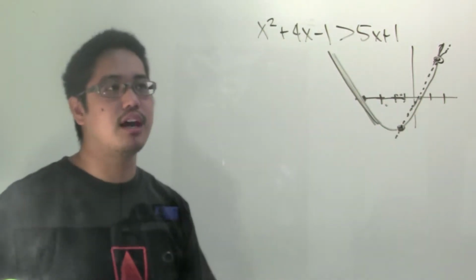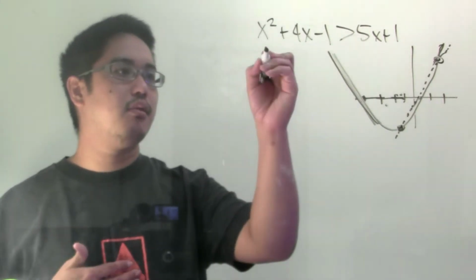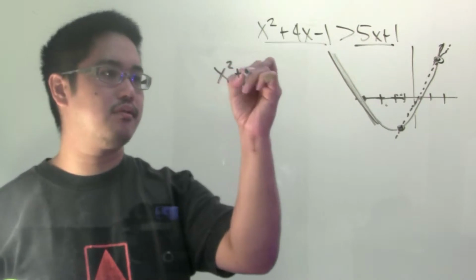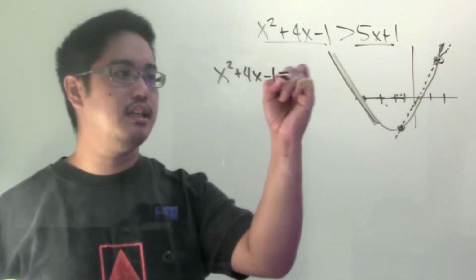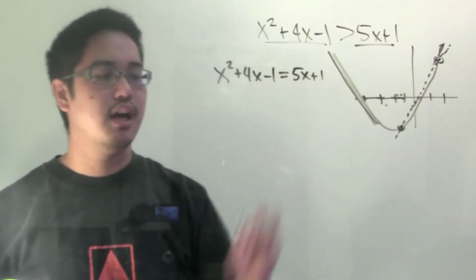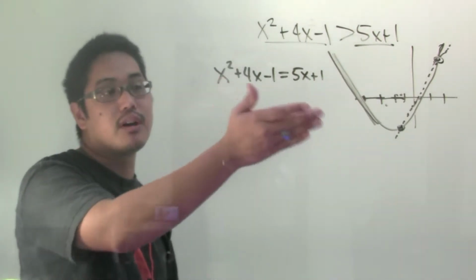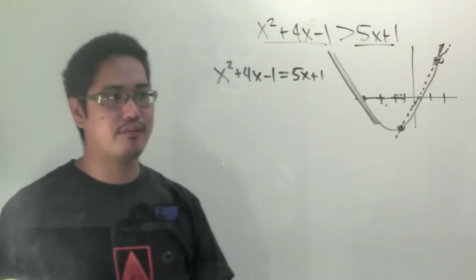In order to do that, I would ask, when is this thing equal to that thing? So I have x squared plus 4x minus 1 equal to 5x plus 1. I want to figure out what those 2 points are, where this graph is equal to that graph.